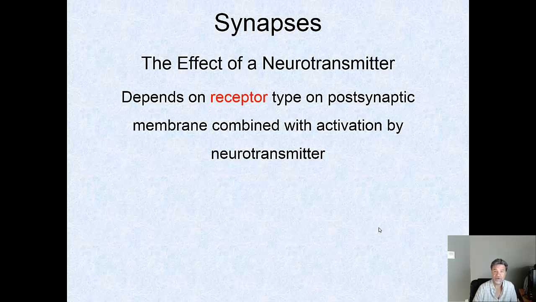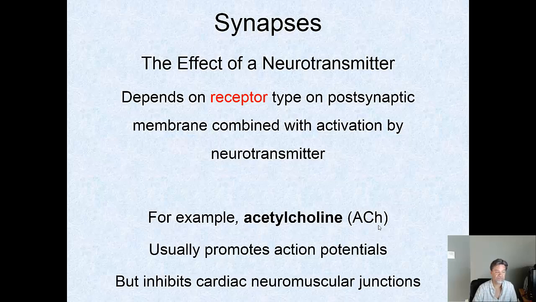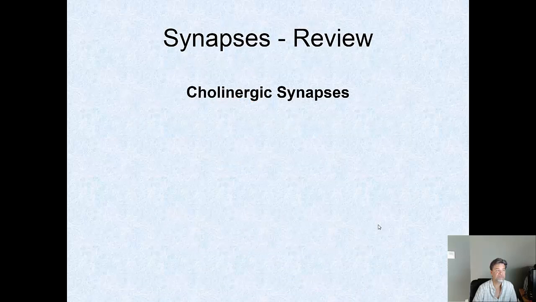For serotonin, there are currently 19 different types of receptors that have been classified. So it's not such a straight and simple picture if you just say serotonin and its receptor or acetylcholine and its receptors. You have to be more specific. So it can promote action potentials, but it inhibits cardiac neuromuscular junctions, because those are two different types of receptors involved.